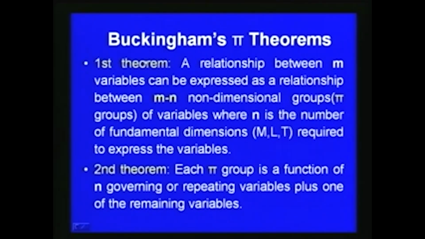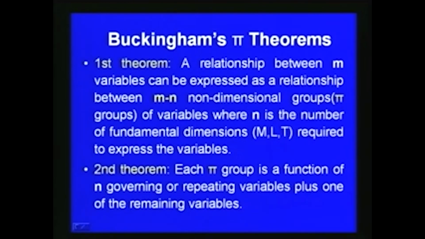So, the first theorem of Buckingham says that if m variables are there, then a relationship between those m variables can be expressed as a relationship between m minus n non-dimensional groups of variables, where n is the number of fundamental dimensions.